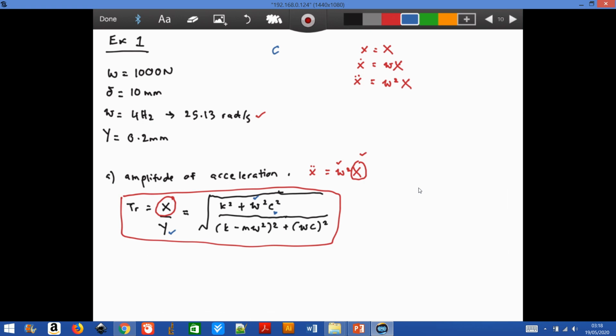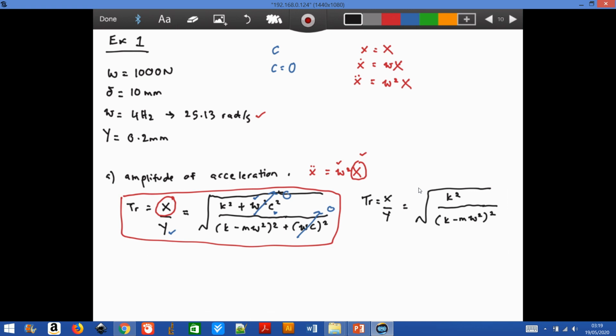Therefore, we assume that there is no damper, therefore c is equal to 0. So when c is equal to 0, this equation can be reduced to this. Therefore, TR is actually x over y, which is equals to square root of k squared over (k minus m omega squared) squared.